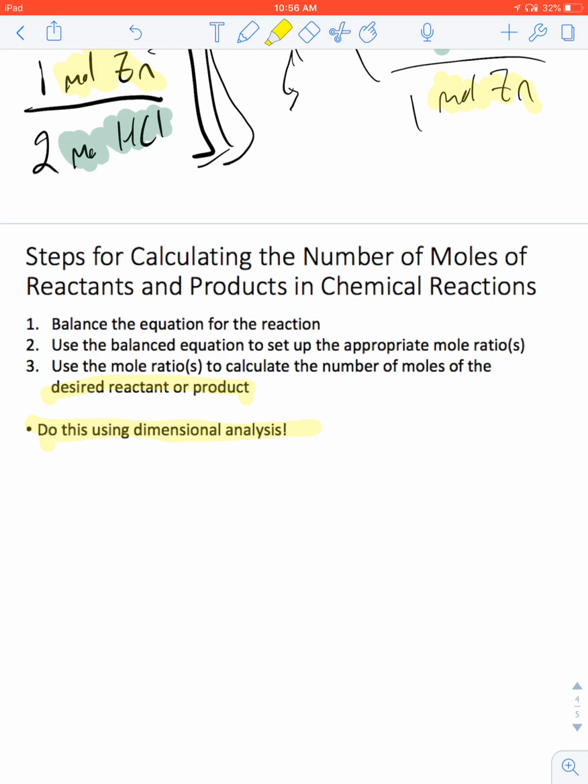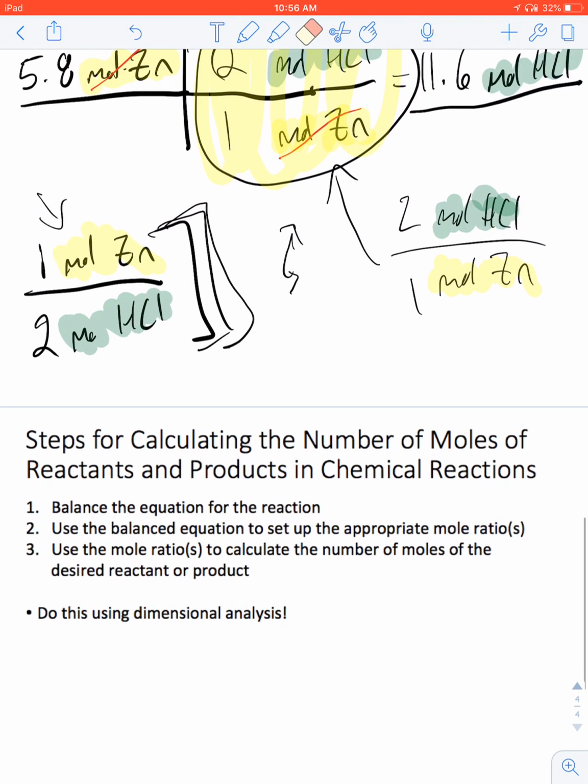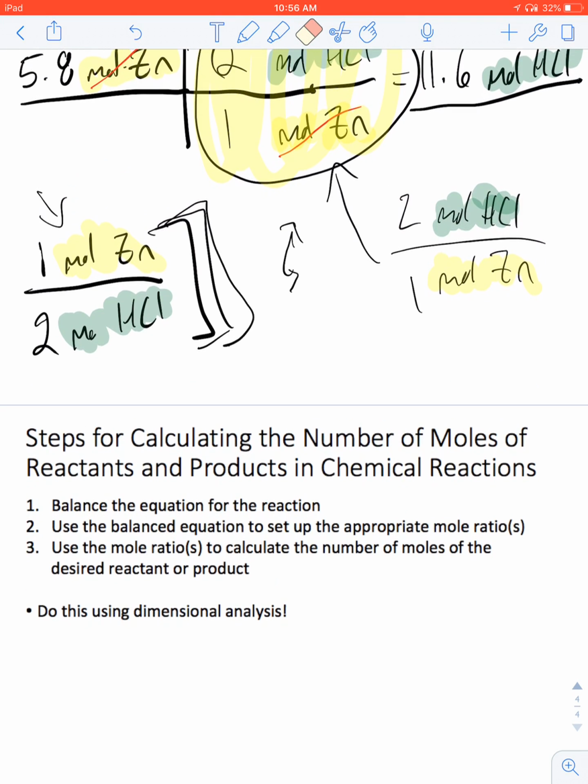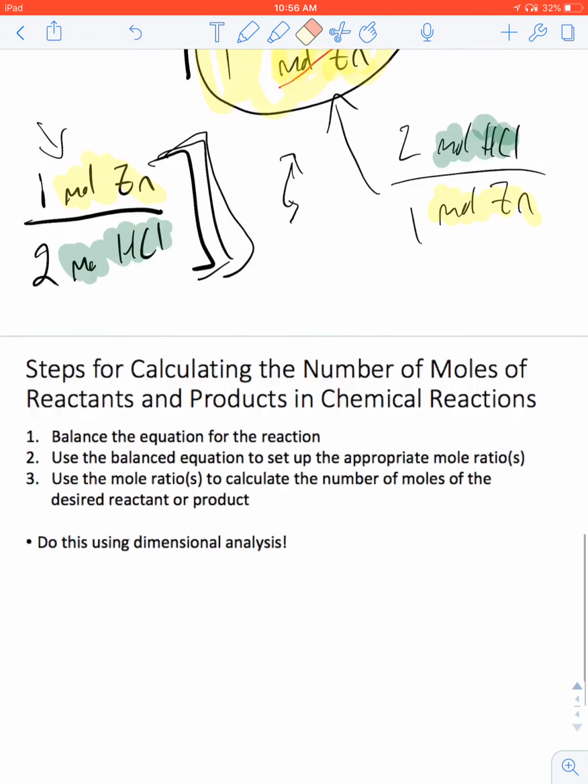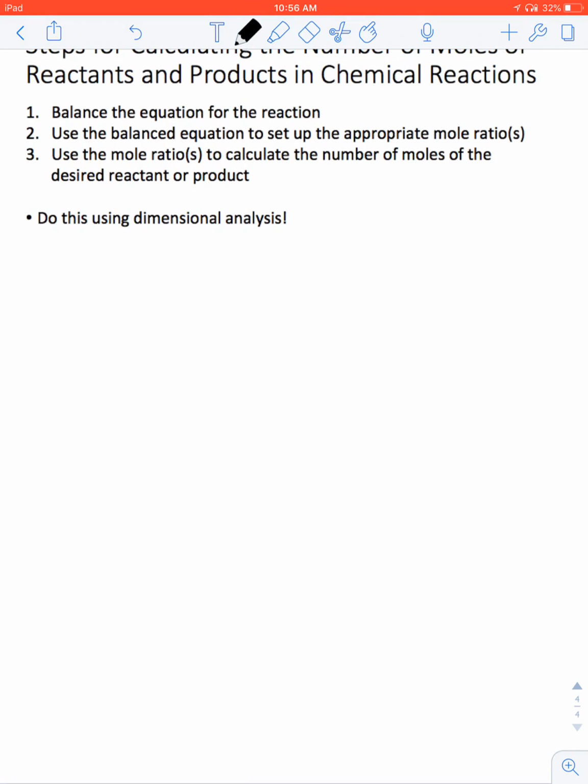Okay, so let me see here. Let's get a different equation. Why not? Something a little bit more fun, right? How about the reaction between calcium hydroxide and phosphoric acid to form calcium phosphate?